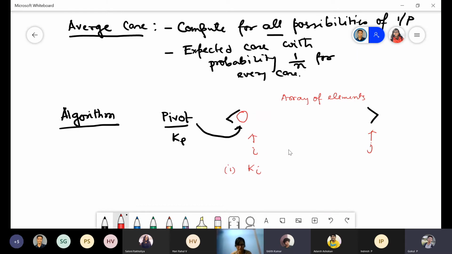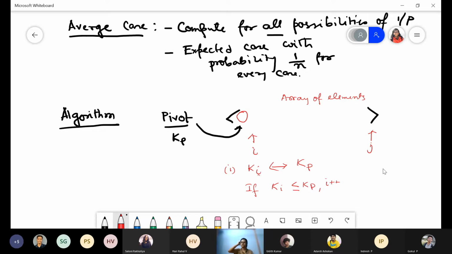Let us go step by step. First we take the element under I, say this is Ki, and we compare this Ki with Kp. If Ki is less than or equal to Kp, we move on, that is we update the pointer. Whether we take equals on this side depends on the implementation. So if Ki is less than or equal to Kp, then I++, we just go to the next element.